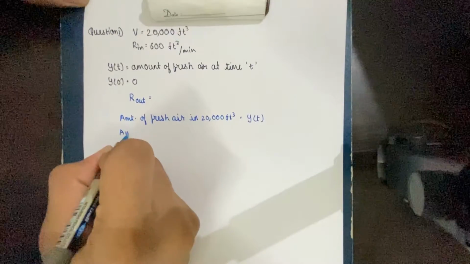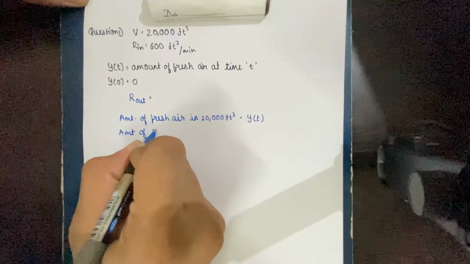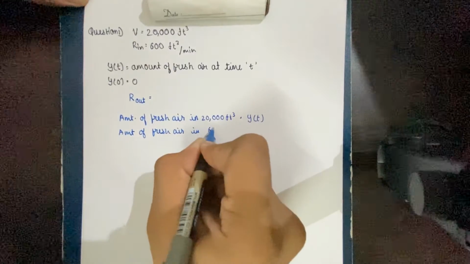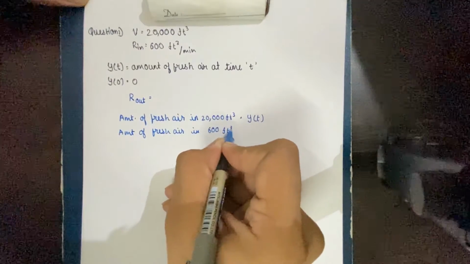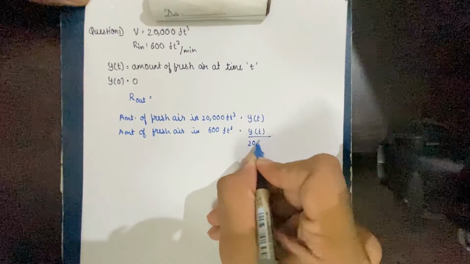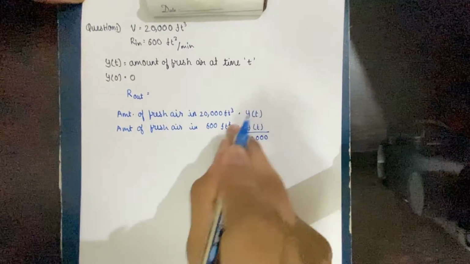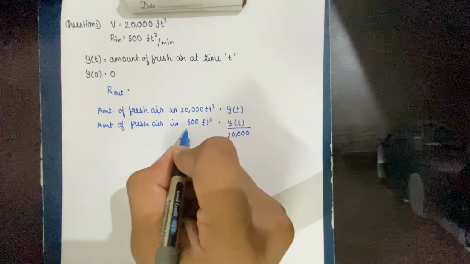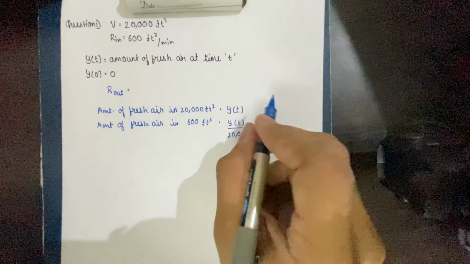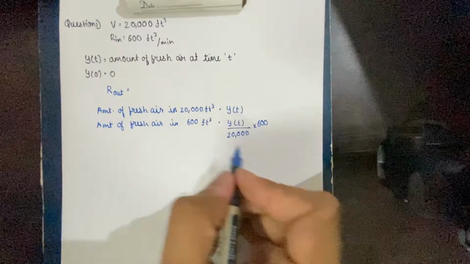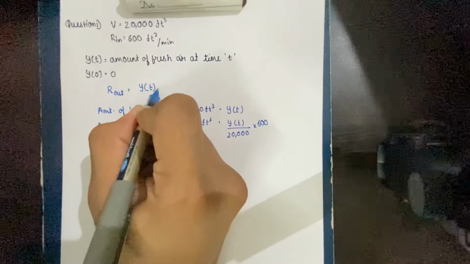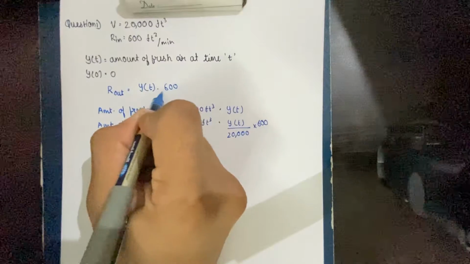So the amount of fresh air in 1 cubic foot equals y of t by 20,000, but we need to find it for 600, so times 600. So this is R out: y of t times 600 by 20,000.